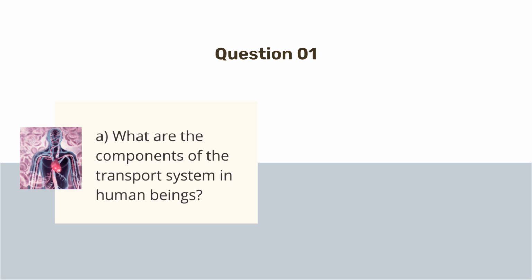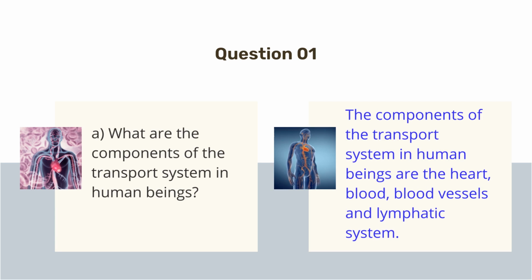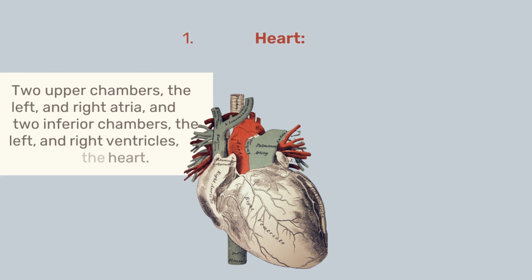What are the components of the transport system in human beings? Also, what are the functions of these components? As we studied, the components of the transport system in human beings are heart, blood, blood vessels, and lymphatic system. Let's see these one by one. Heart.